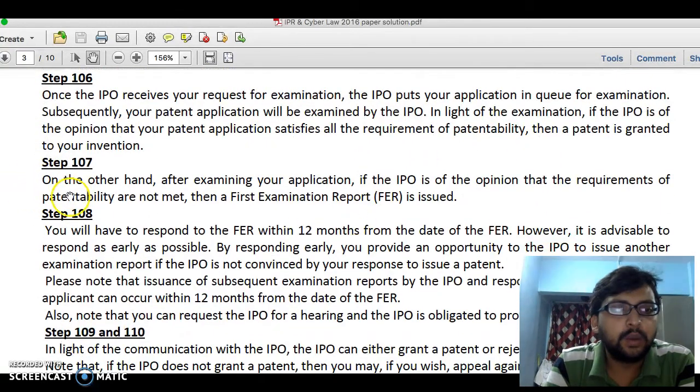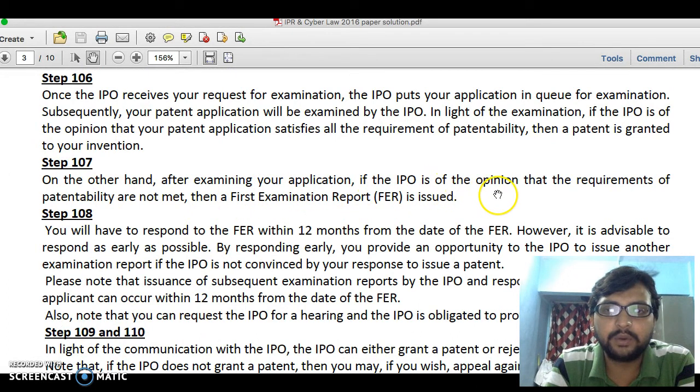Then next, on the other hand, after examining your application, if the IPO is of the opinion that the requirements of patentability are not met, then a first examination report is issued. Remember, if they find that your patent application or your idea is not up to the mark, then they go for a first examination report, where they might find some loopholes or drawbacks, which they will tell you to overcome.